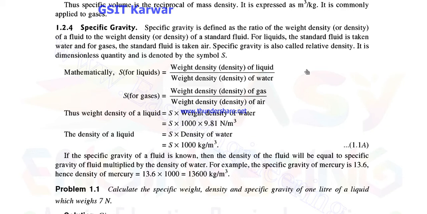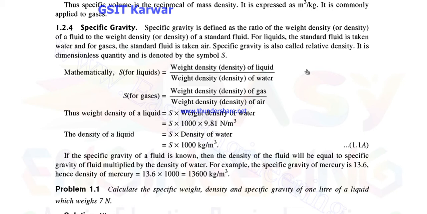Specific gravity is also called relative density. In other words, specific gravity is also called relative density. You should remember this name also. Relative density or specific gravity, both are the same.